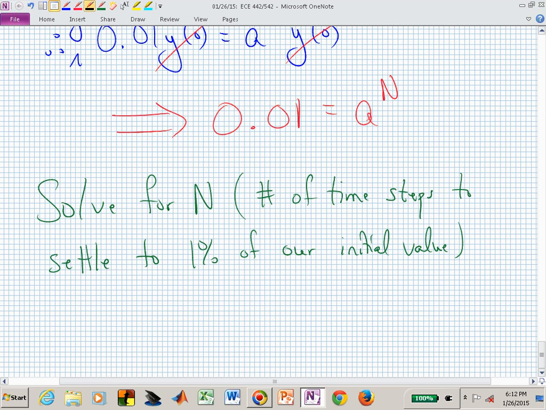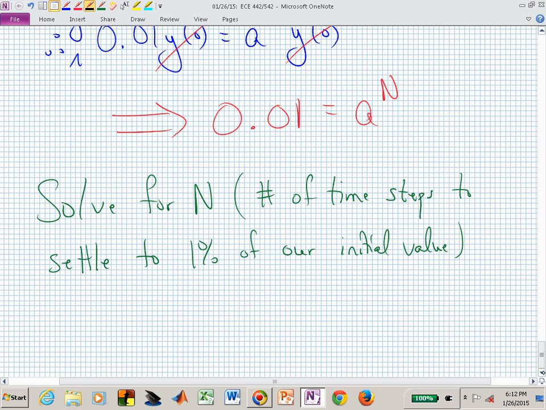If we take the logarithm of both sides, that exponent is going to jump down and be in front of the log. And 0.01, oh, that's screaming at us to use log base 10, since that's 1 over 100. And log base 10 is nice when we have powers of 10.